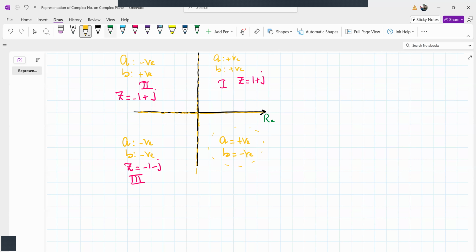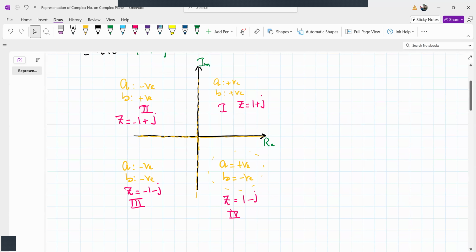For example, if we say z is 1 minus j, here a is 1, b is -1. This part of the complex plane is referred to as the fourth quadrant. So a complex number can lie anywhere on this complex plane depending upon the values of a and b.